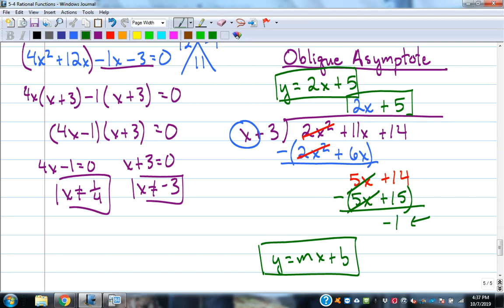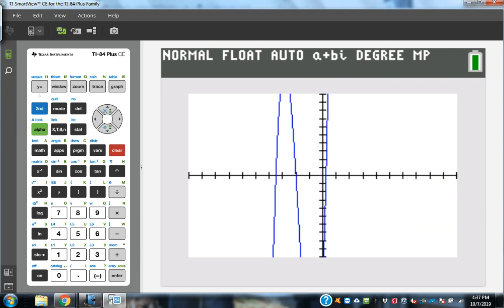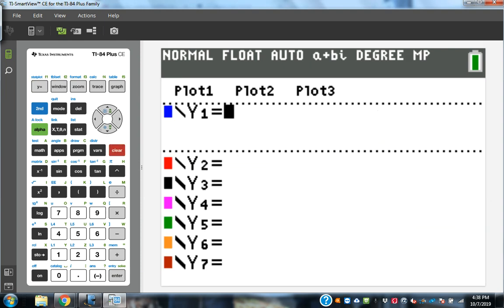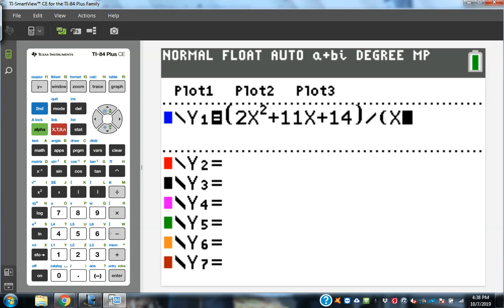Let's look at the graph of this whole thing and see if we can kind of recognize this stuff. So, clear that out. I'm going to use the simplified version, 2x squared plus 11x plus 14 divided by x plus 3.